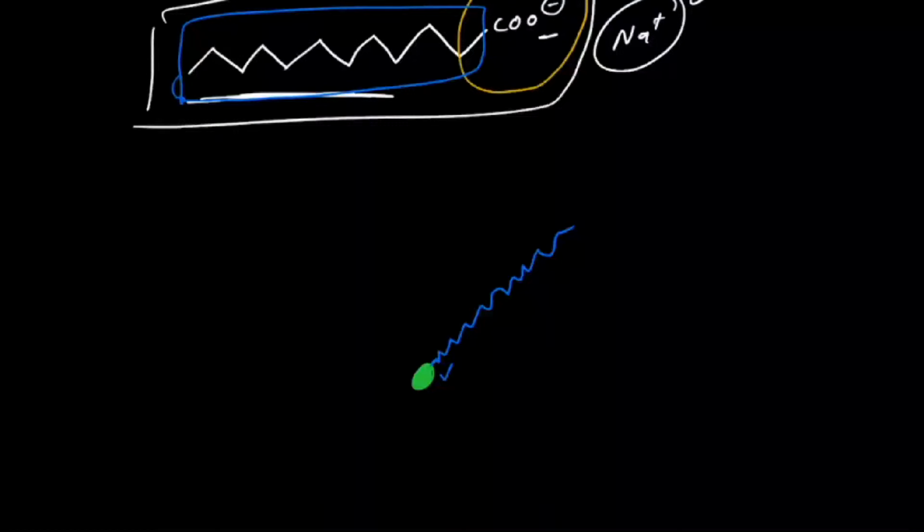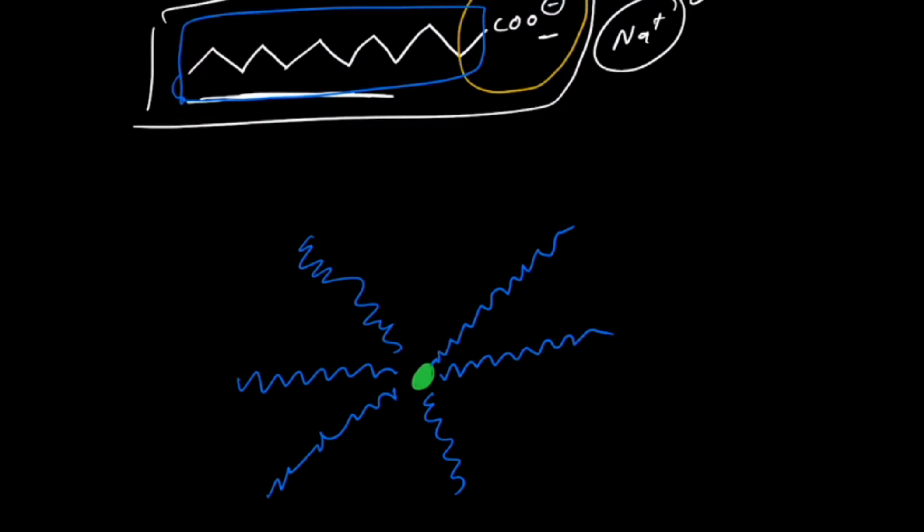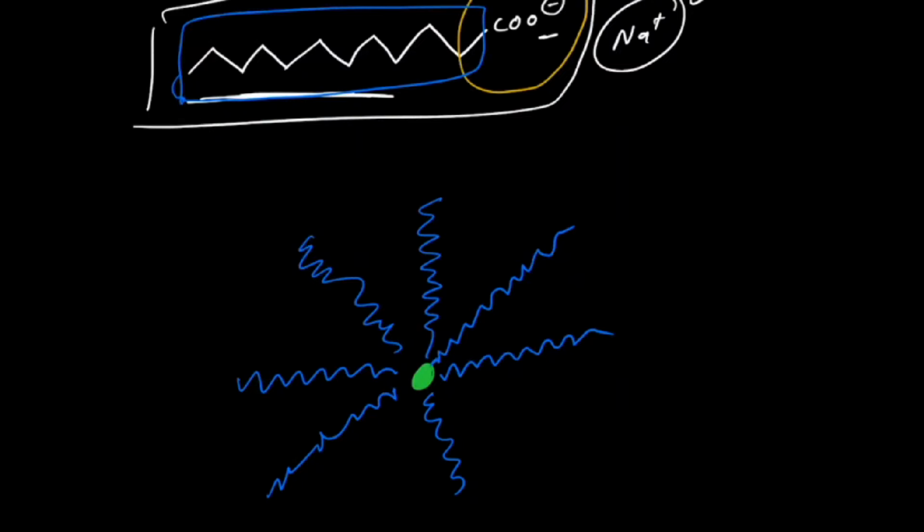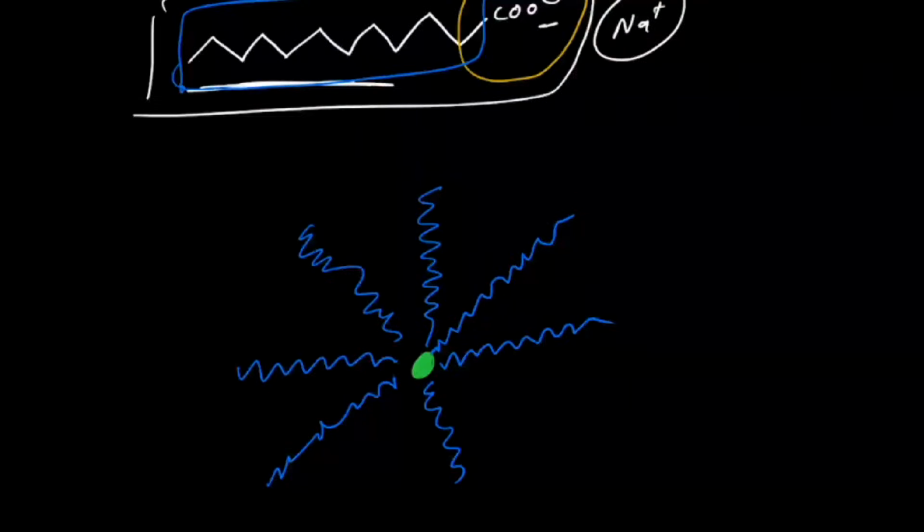So many soap molecules, the non-polar sides, will go and surround this oil drop from all directions, three-dimensionally. I'm drawing only two-dimensionally, but you understand that this is a three-dimensional spherical structure, and on the outer surface you will have COO minus, COO minus, COO minus.